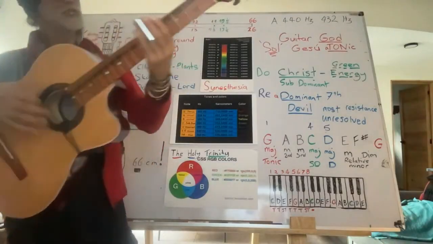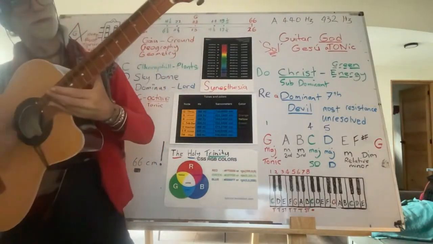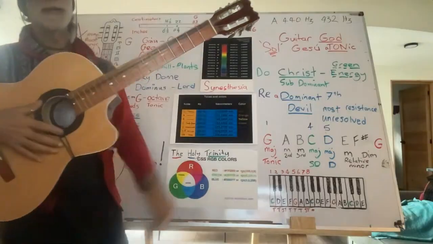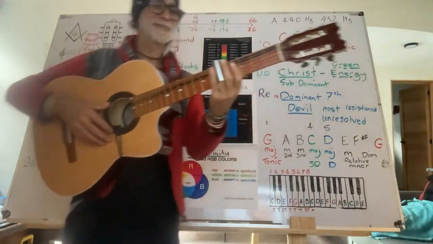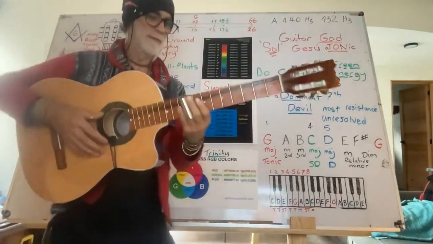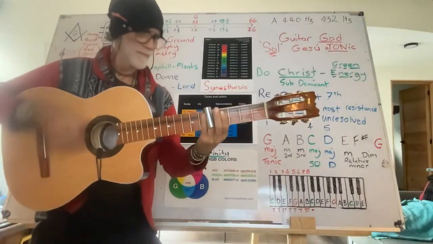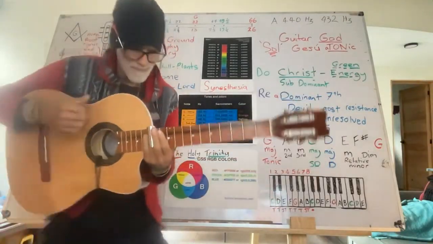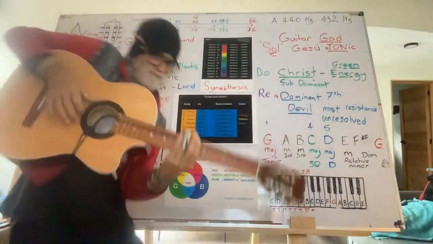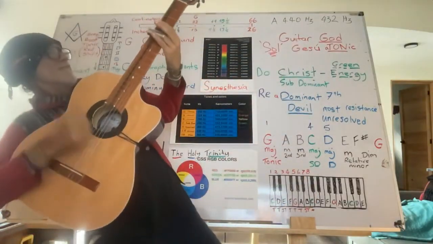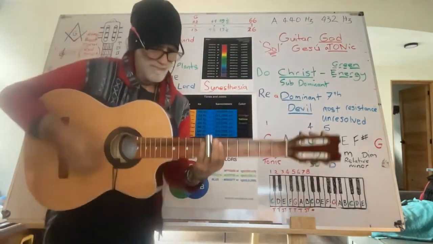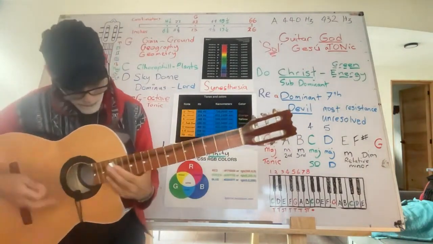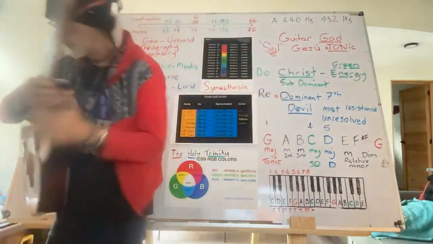Got a song in G. I mean, work it out. You can learn how to dance. I mean, you can even just do it like this. You're a rock and roller, you know.